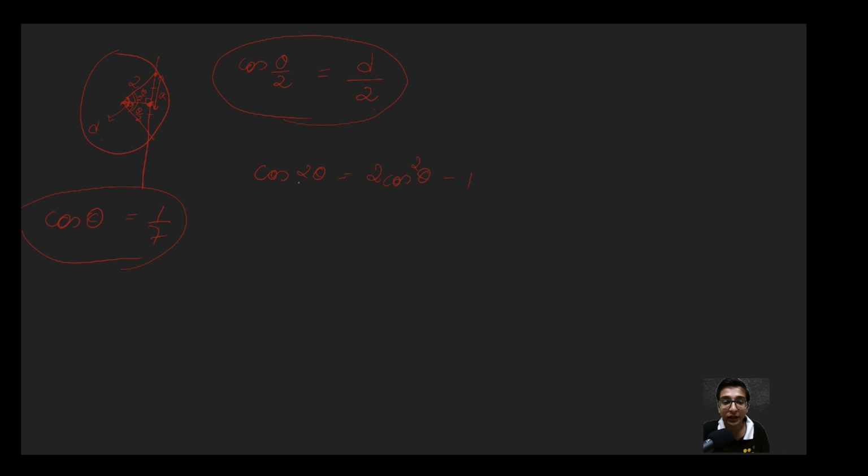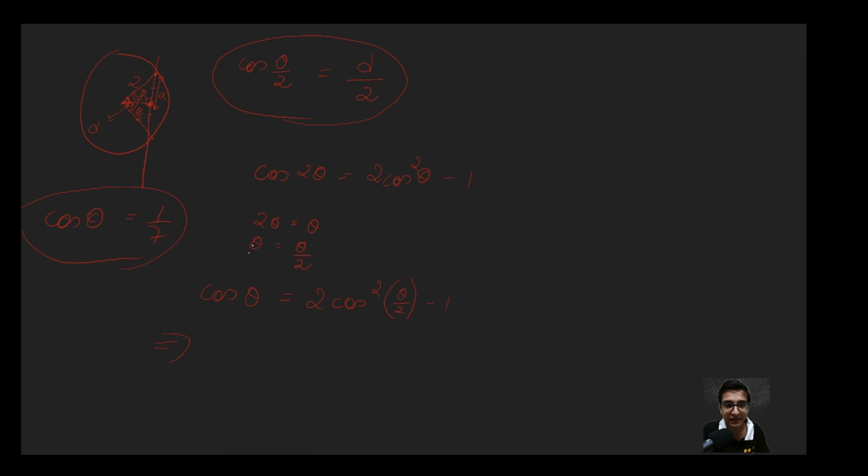From here, I'm considering 2 theta to be theta, and theta to be theta by 2. So can I write it down in this format? Cos theta is equal to 2 cos square theta by 2 minus 1. I hope you are understanding how I wrote this equation.